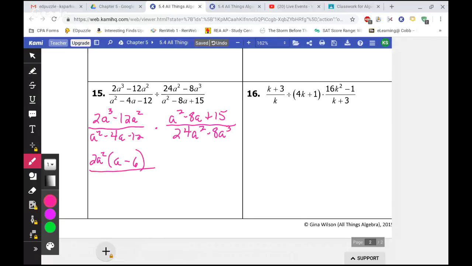And now I'm looking for two factors that multiply together to give me a negative 12, that when I combine them, give me a negative 4. And that means the larger factor is going to have to be the negative. So a minus 6, a plus 2.